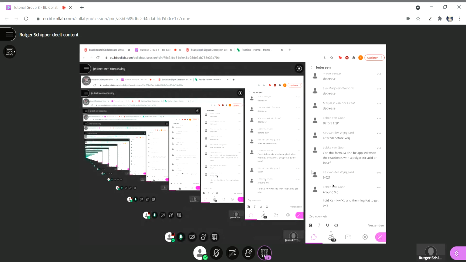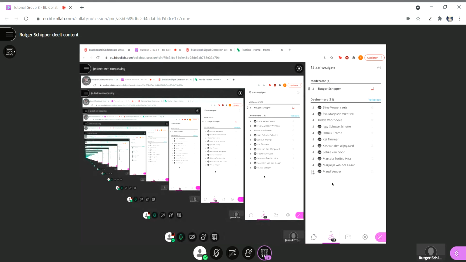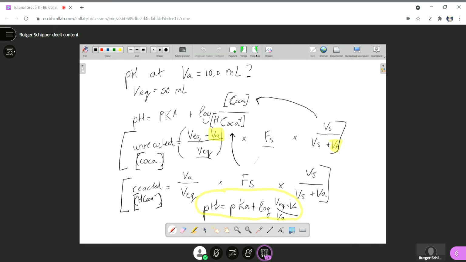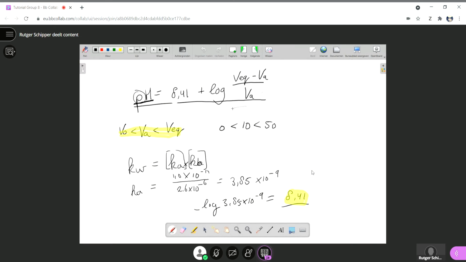So if everyone can look at the formula Lopke wrote down. So this is a calculation of the pH. So we got 8.41 as the pKa value. And how did we get there?